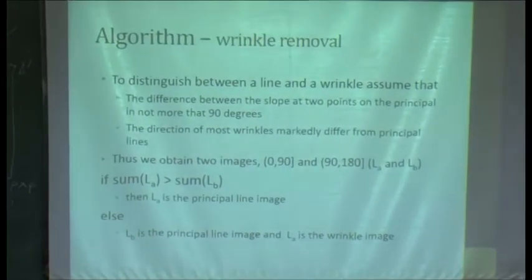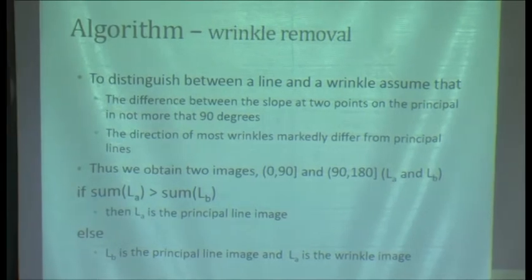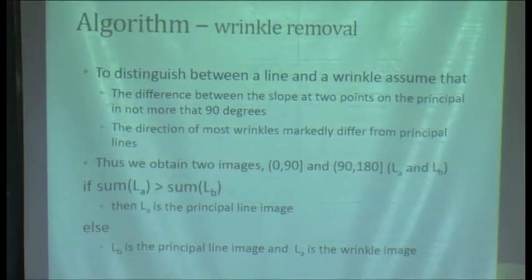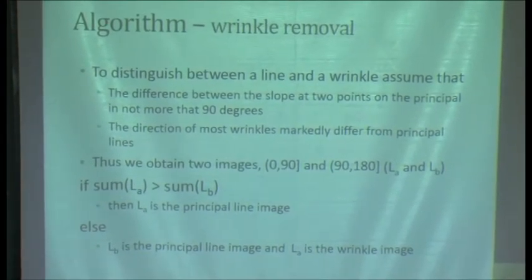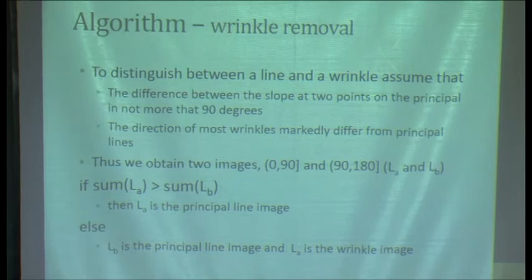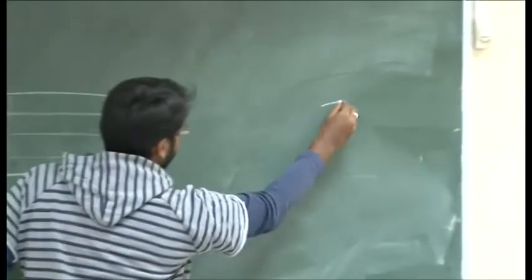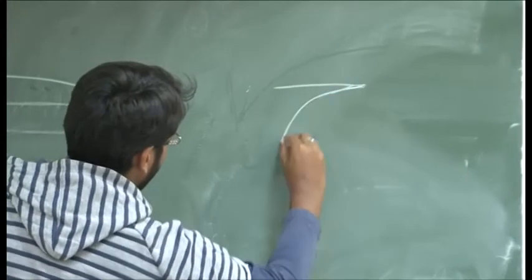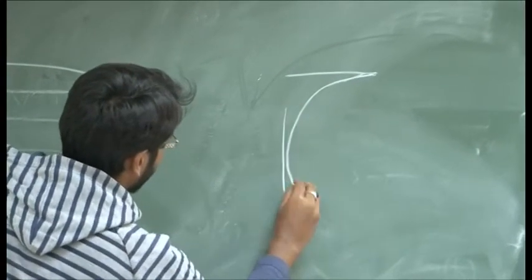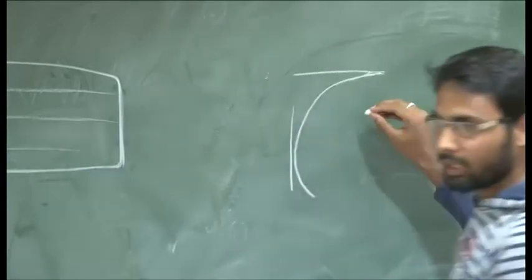Now, given this, we still have to remove the wrinkles from the palm print. So we have two assumptions. One is that a palm print cannot go in a form where it starts at some angle and its slope changes by more than 90 degrees.